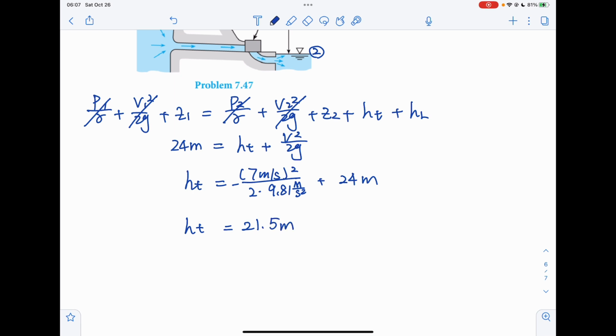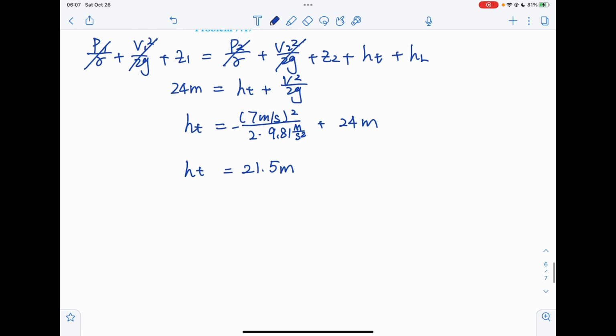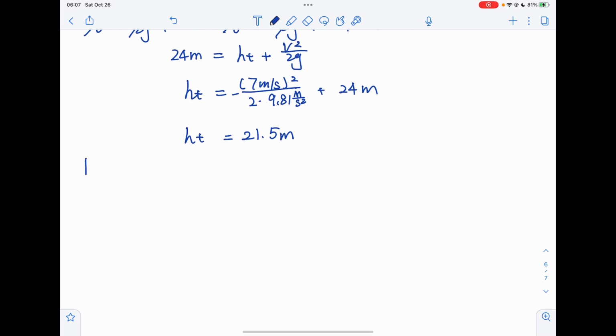Now we're going to use the power equation to find the power of the turbine. P equals Q times gamma times the head of the turbine, which equals Q, given as 4 cubic meters per second, times gamma, which is 9,810 newtons per cubic meter, times the head.